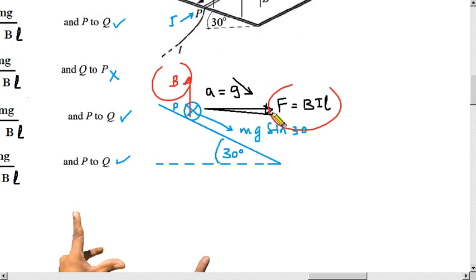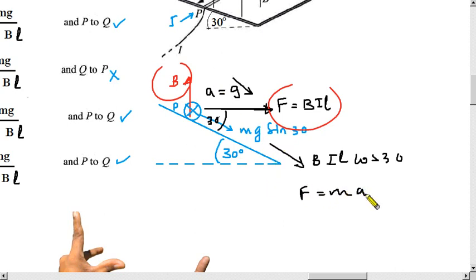We have to turn it by 30 degrees, because this angle is also 30 degrees, so we get cos theta. This way we get BIL cos 30. Already there is mg sin 30.